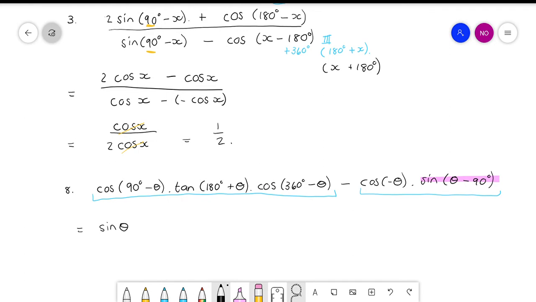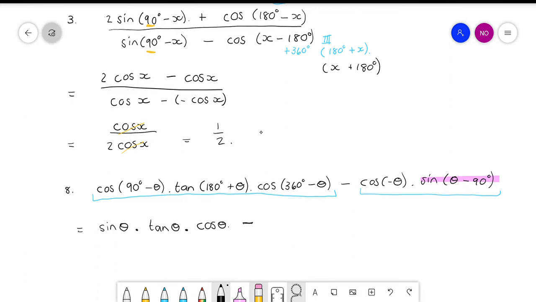If it was a plus, it would have been negative sine theta. This one is in the third quadrant, so it remains positive tan theta. This one is in the fourth quadrant, so it remains positive. We're still going to simplify a bit, but let's just stop it there for now.